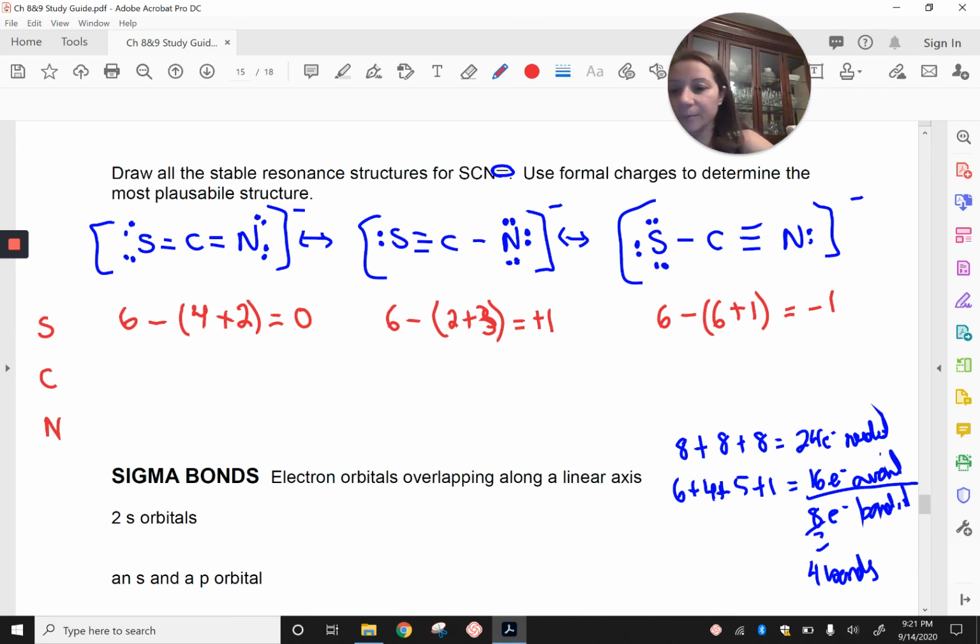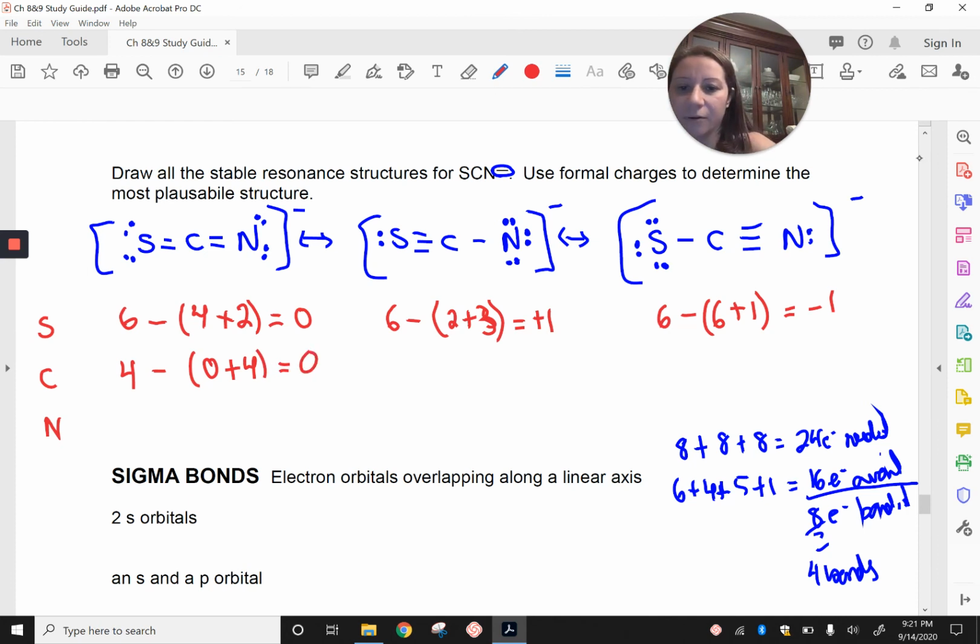Okay, let's look at the carbon. Carbon has 4 valence electrons minus, then we have no lone pairs, plus the bonds. There are 4 bonds here. So 4 minus 4 is 0.